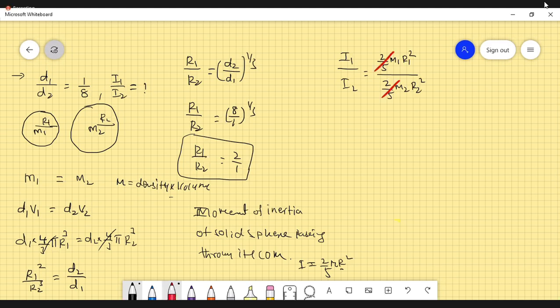So I1 by I2 equals r1 square by r2 square, which equals 4 by 1. Understood? Understood? Yes, sir. Shall I go for the next one?